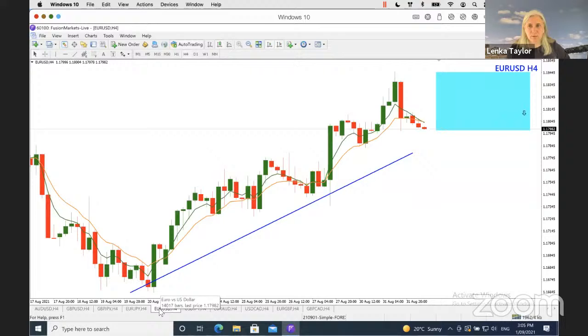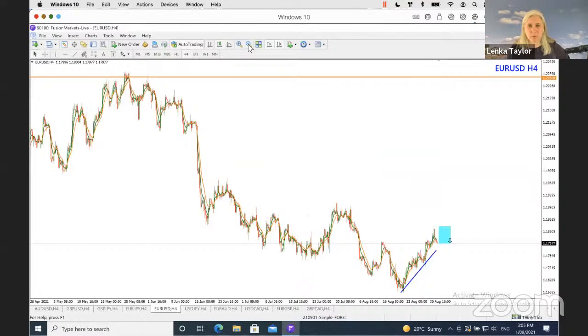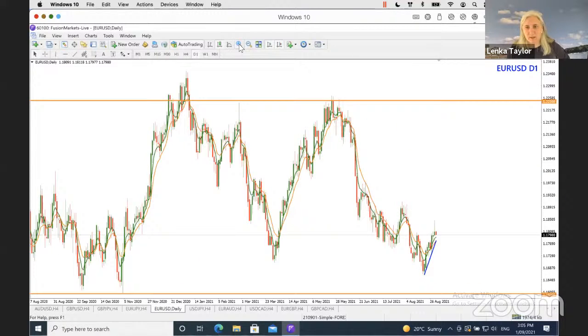Next currency pair I'm looking at is EURUSD, and I'm also looking for a short. So where are we at? We're at the bottom of the channel there.